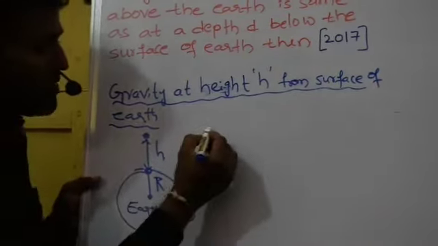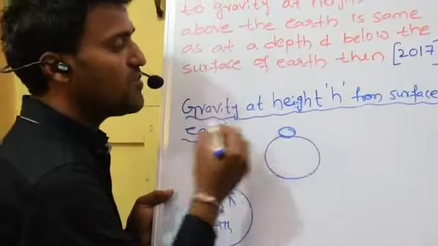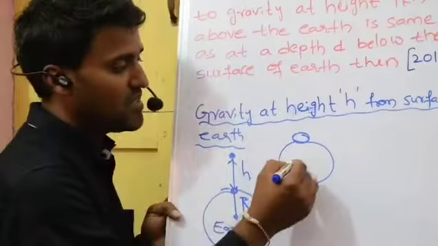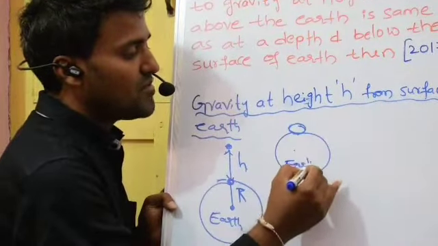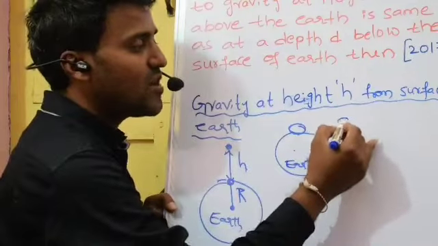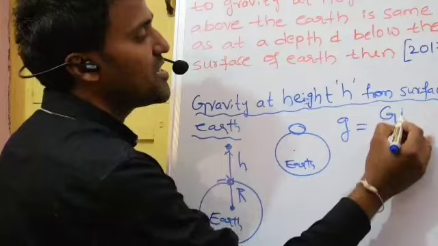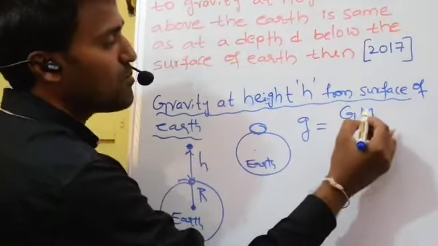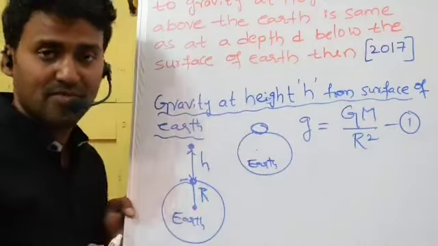When the object is placed on the surface of the earth, what is gravity on the surface of the earth? g is equal to capital G into M divided by R square. That is equation number 1.